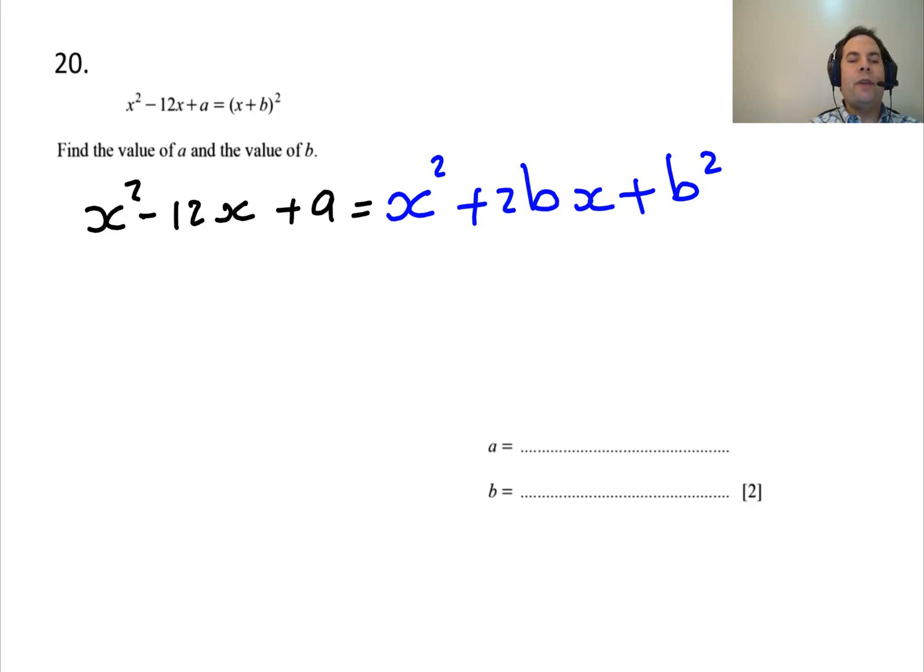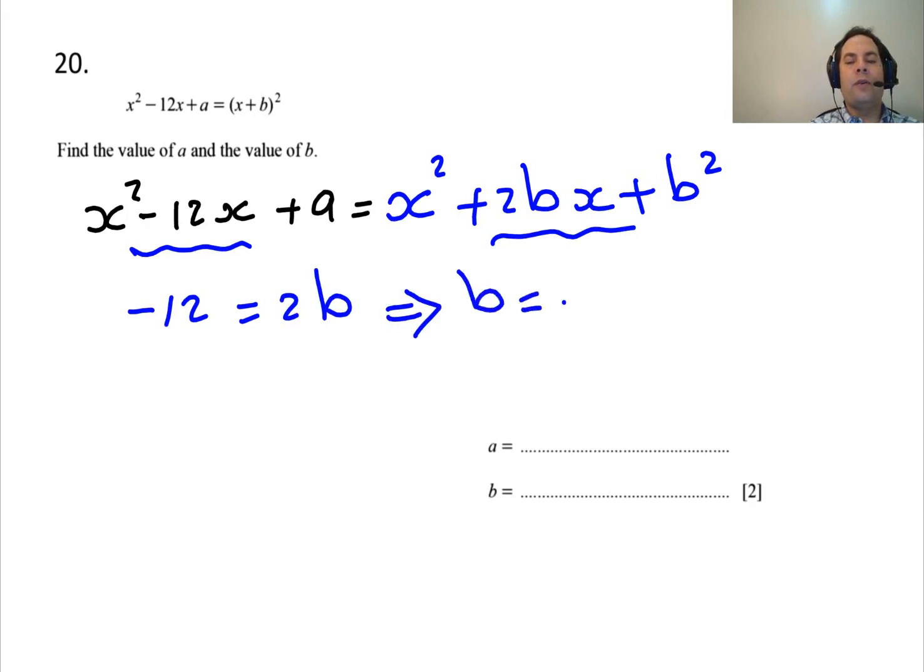By comparing the left hand side and the right hand side, the coefficient of x is minus 12 on the left. On the right hand side, the coefficient of x is 2b. By solving this equation, you can find the value of b. b is equal to negative 6. Second part, the constant without x in the left hand side is a.